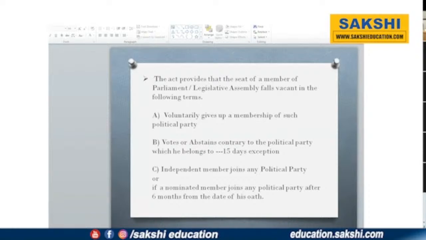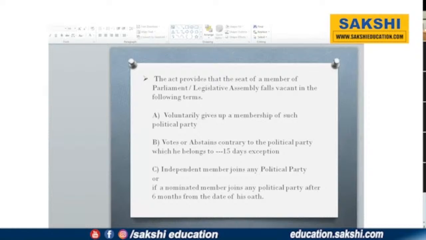Now, there is one more provision that has been included in this 10th schedule. In case a party X or Y is issuing a whip to all the members of the legislative assemblies or the parliament, that in case of the discussion of an important bill, or in case of a no confidence motion moved in the legislatures, then it is the responsibility of the member to be present in the parliament or the legislature to vote in favor of that bill according to the wish of the political party which he represents.